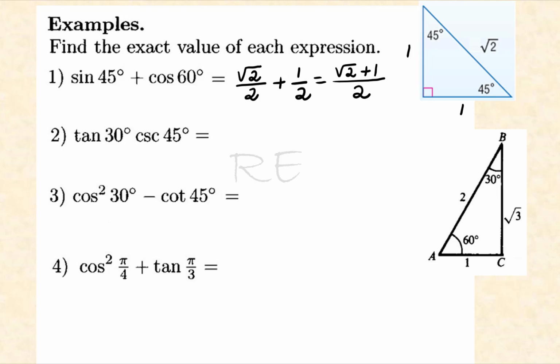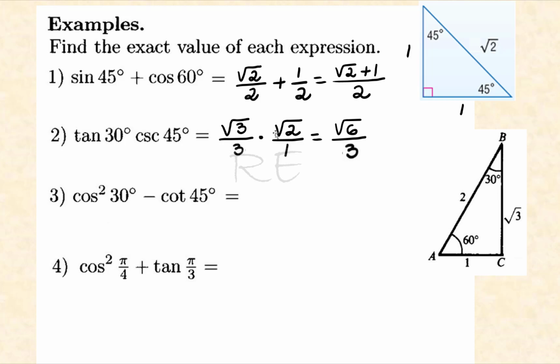Tangent 30, opposite over adjacent, 1 over square root of 3 or square root of 3 over 3. Cosecant 45 will be square root of 2 over 1. When we multiply them together, square root of 6 over 3.